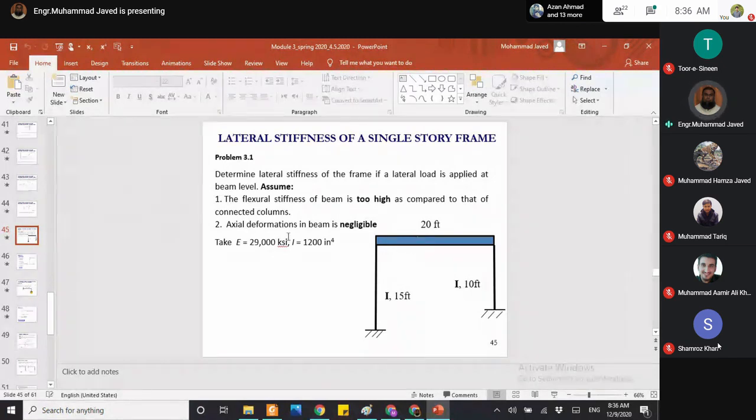Axial deformation in beam is negligible. So once we assume that, the beam column joint can be considered as a fixed support, and we take both these columns as fixed-ended columns.